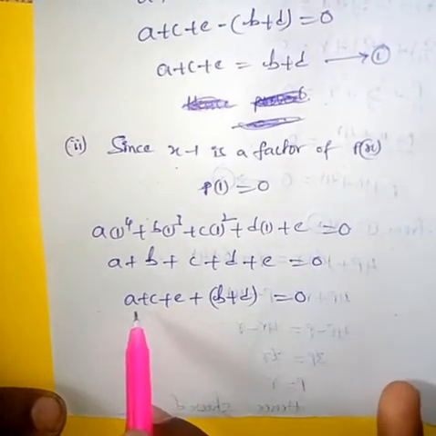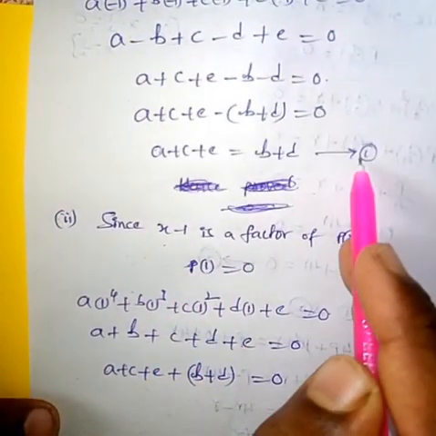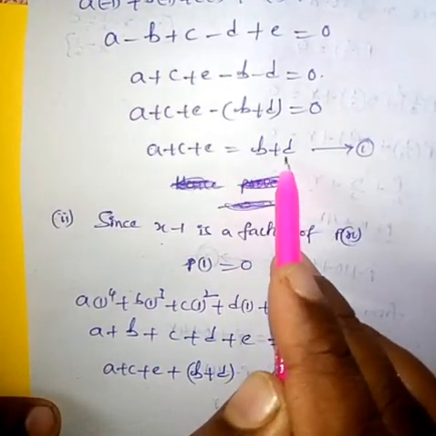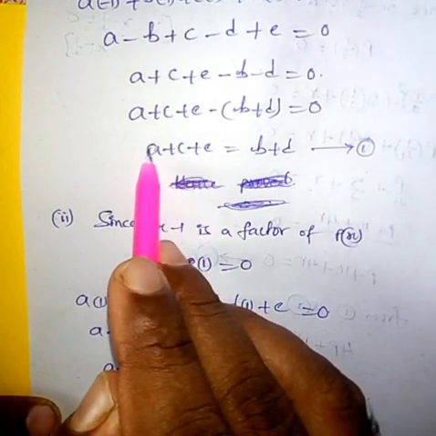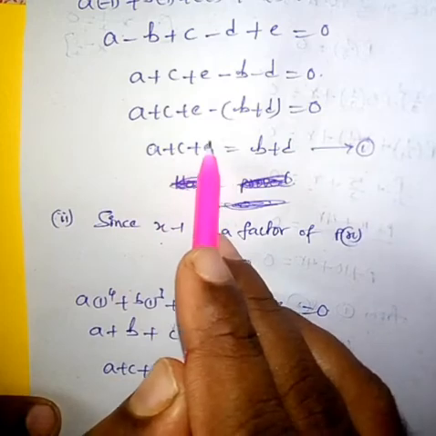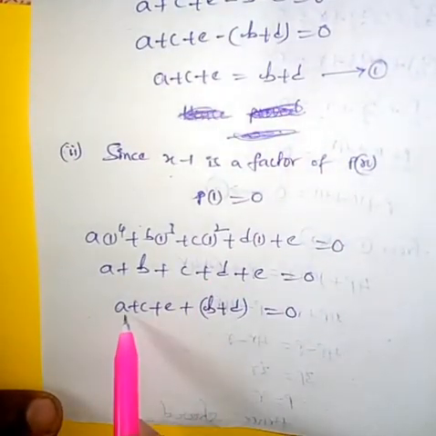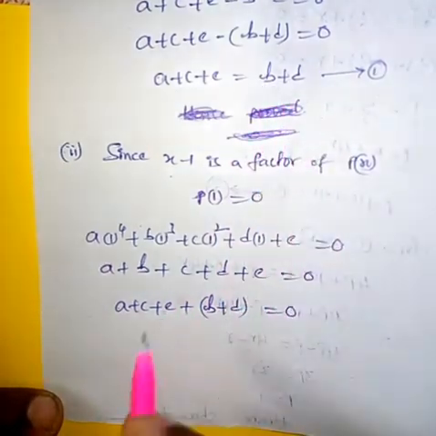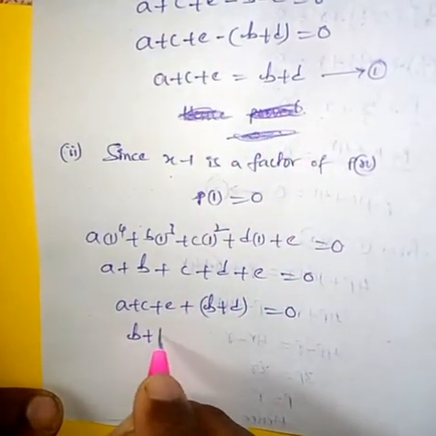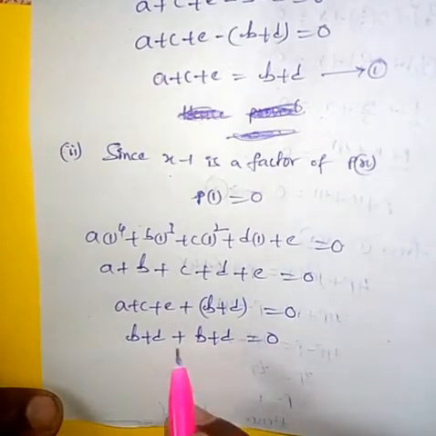Now substitute b plus d in the place of a plus c plus e, because in equation 1 you can see that b plus d equal to a plus c plus e. That means you can substitute b plus d in the place of a plus c plus e. So that is b plus d plus b plus d is equal to 0.